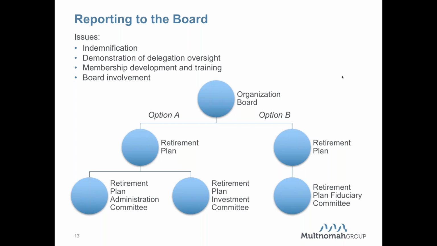And I think the last issue that ultimately organizations have to decide, and part of it's cultural and part of it's risk mitigation, is to what level will the board be involved or not in managing decisions made by the committee.